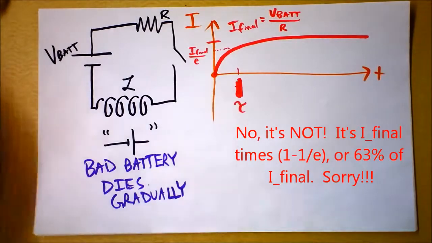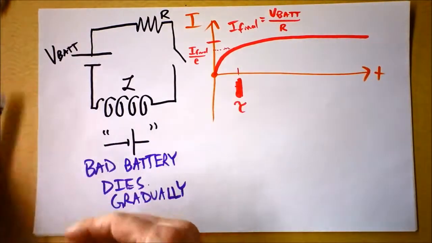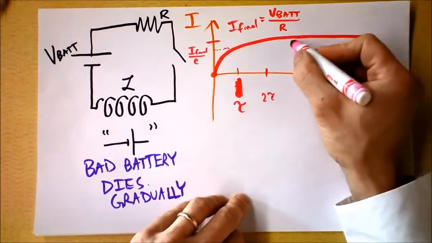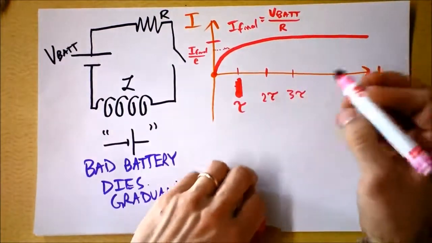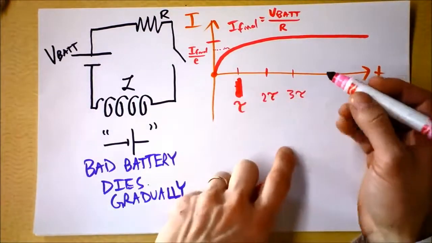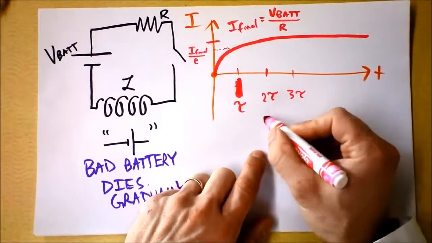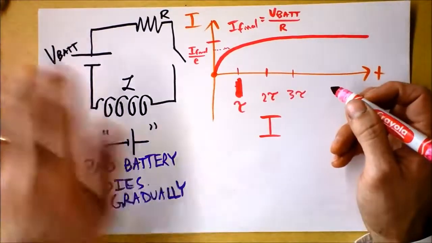All right, but there's tau, and then at 2 tau we're a little bit closer, and at 3 tau we're a little bit closer still, and we continue to get closer and closer. But this is a characteristic time for every shape that looks like this. It's a decaying exponential that's kind of flipped over, an inverse exponential.